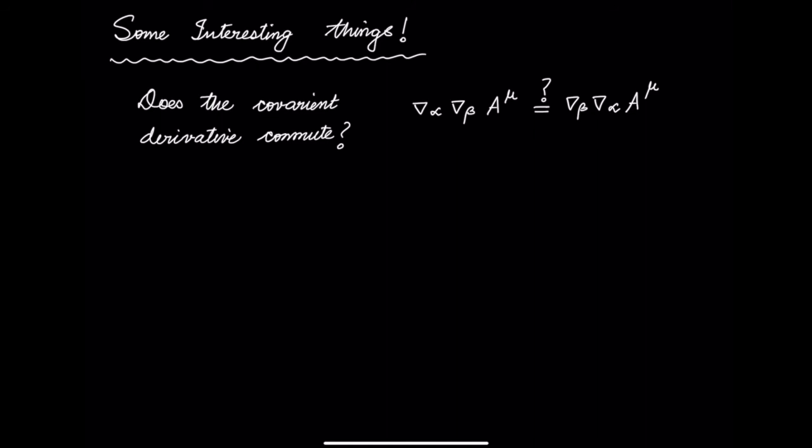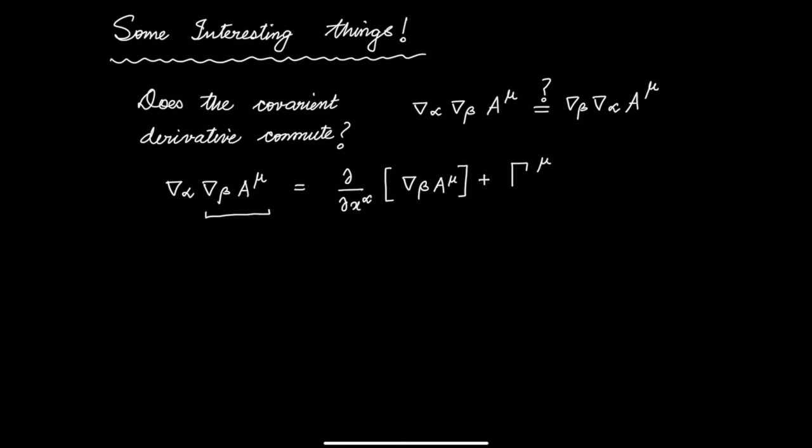How do I calculate this? Well, let us calculate what this quantity is. To calculate this, let us first do the outside covariant derivative, which is nothing but I do del x alpha of grad beta A mu. Remember that this quantity is a mixed tensor. So there will be two terms in this covariant derivative.